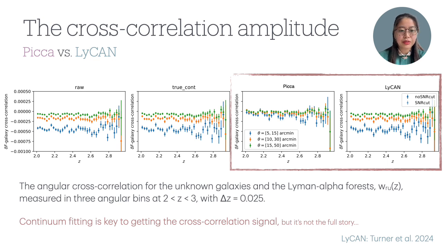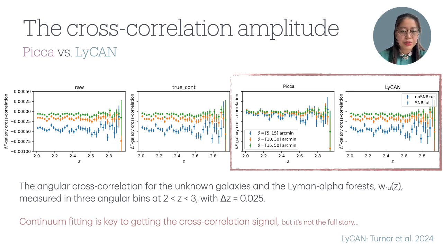Now the last two panels show two different continuum fitting methods. Picca is a method that's widely adopted in the Lyman-alpha forest community. It's a template fitting method that, when you do the fitting, distorts the delta F field. This is a known effect that you can correct for, and it doesn't really impact the 3D correlation function. However, you can see that when you apply it to the angular correlation function, it washes out your signal almost completely.